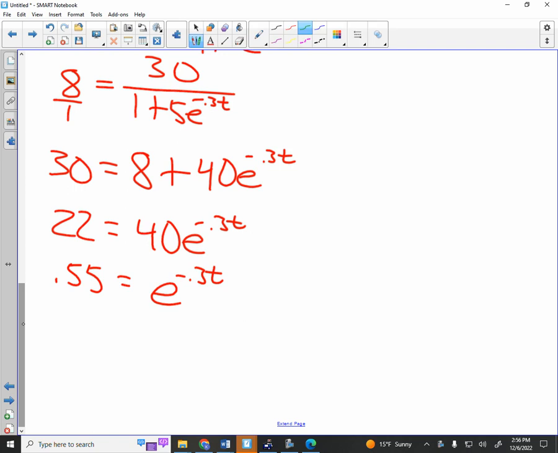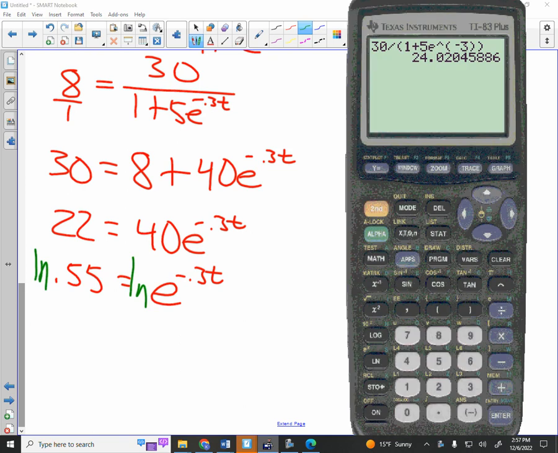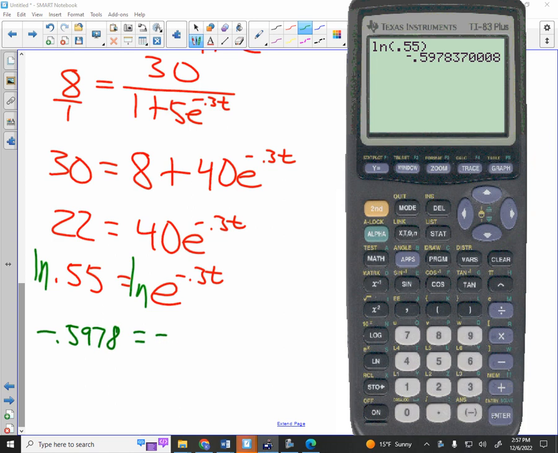What do you want to do now, Paige? Now we want a natural log of both sides. Take out my calculator. Natural log of 0.55, and I get negative 0.5978 is equal to negative 0.3t.